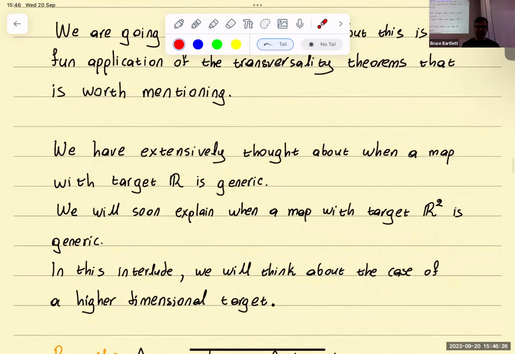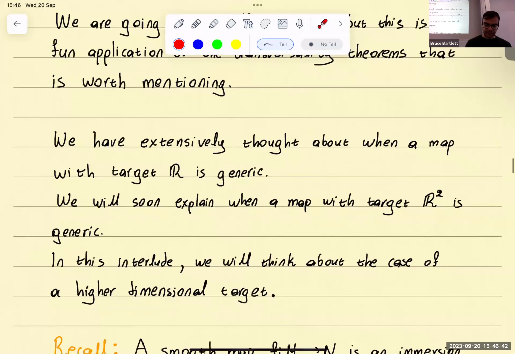So far, what have we extensively thought about? We extensively thought about when a map whose target is R is generic. By generic I mean the space of such maps is open and dense. We will soon, maybe tomorrow, explain when a map with target the plane is generic, going one dimension higher for the target.